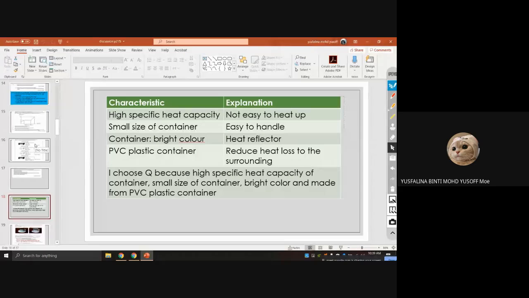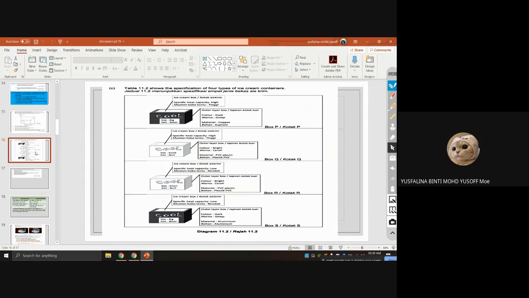The container should be a bright color, a heat reflector, and a PVC plastic container, to reduce heat loss to the surroundings. For this question, remember you must do the table, don't forget to choose, and copy back all the characteristics that you choose. So this is the answer for the ice cream container here.